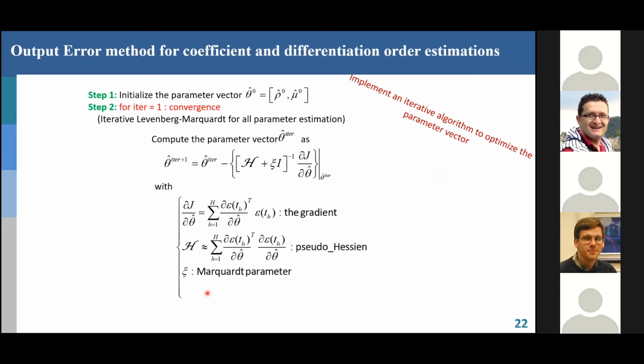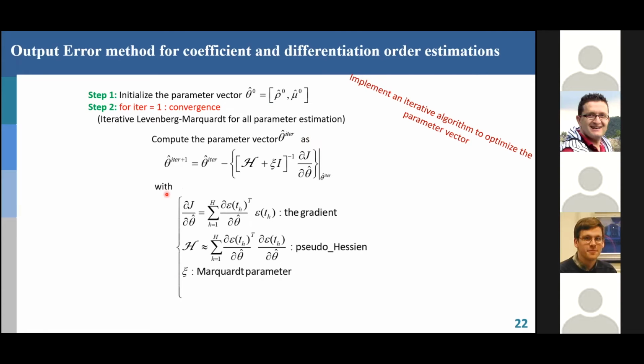Here I'm going to summarize the steps followed to estimate our theta. We begin with the initialization of the parameter vector theta. Second, we iterate until convergence with the iterative Levenberg-Marquardt algorithm for all parameter estimation.